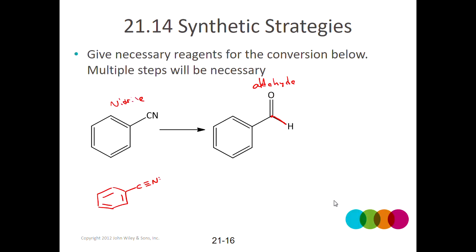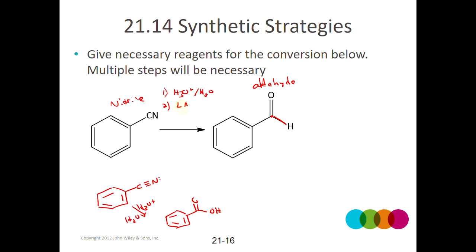So there are really two options here. One, add H3O+ and water, which will convert the nitrile into a carboxylic acid, which is kind of looking more similar to the aldehyde there.